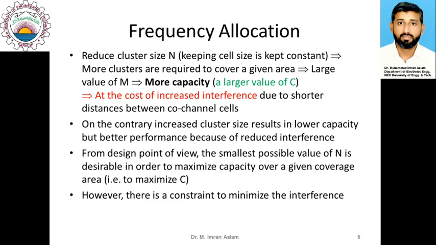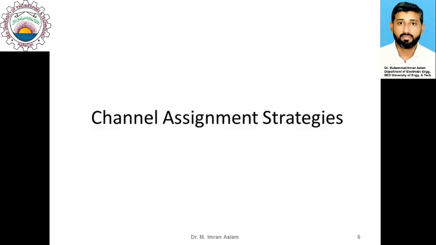So we have a constraint in that case, that we want to minimize the interference as well. So we have to choose a specific value that gives a desirable capacity as well as limits the interference to the acceptable range.